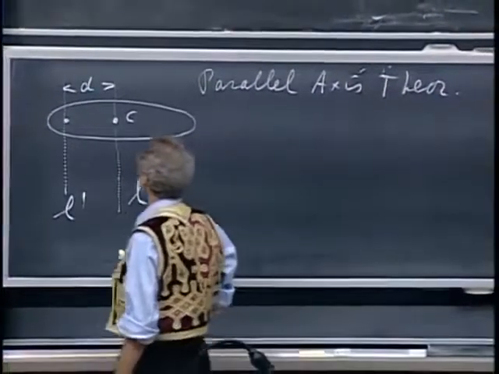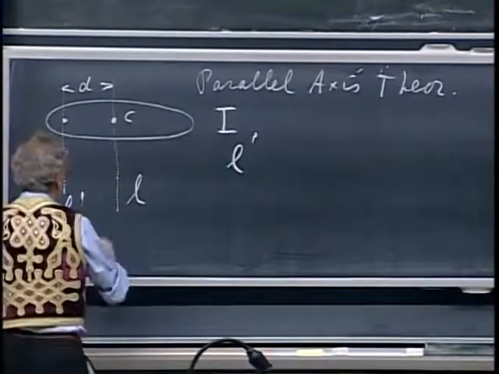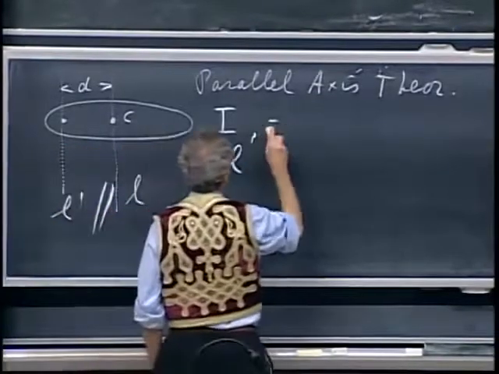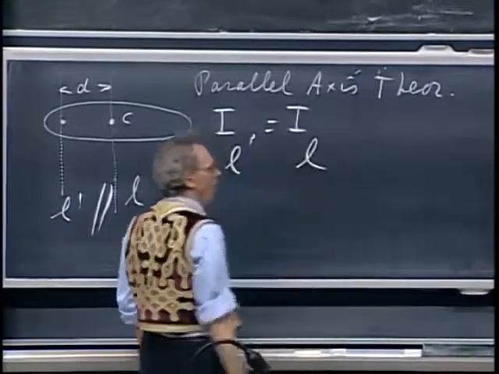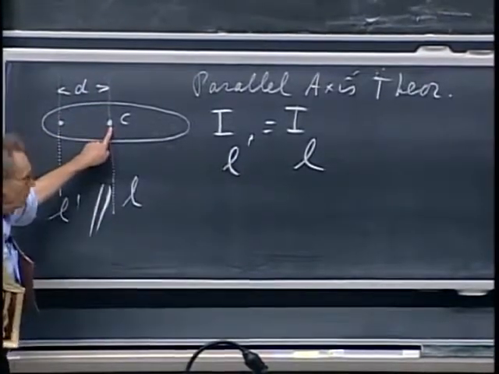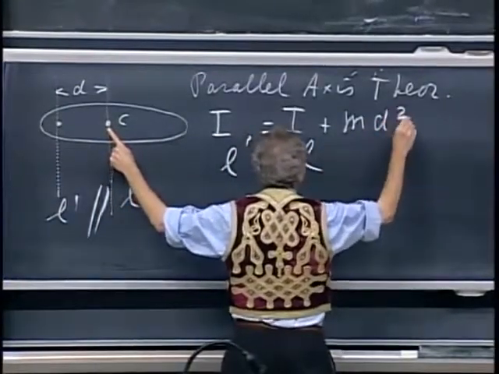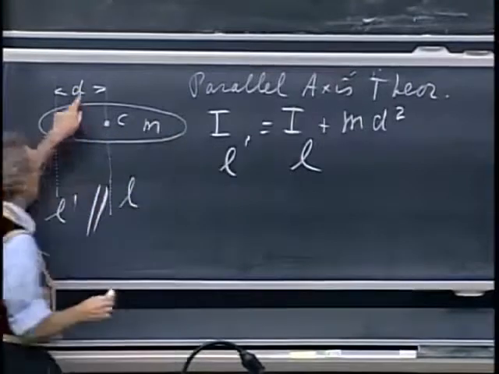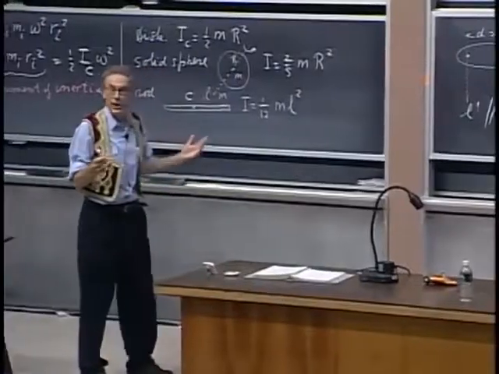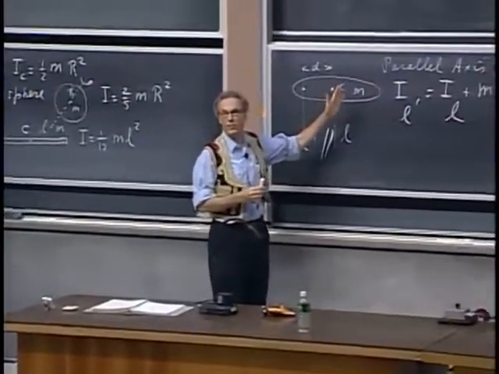And that says that the moment of inertia of rotation about L prime, provided that L prime is parallel to L, is the moment of inertia when the object rotates about an axis L through the center of mass plus the mass of the disk times the distance d squared. So this is the mass. And that's a very easy thing to apply, and that allows you now, in many cases, to find the moment of inertia in situations which are not very symmetric.